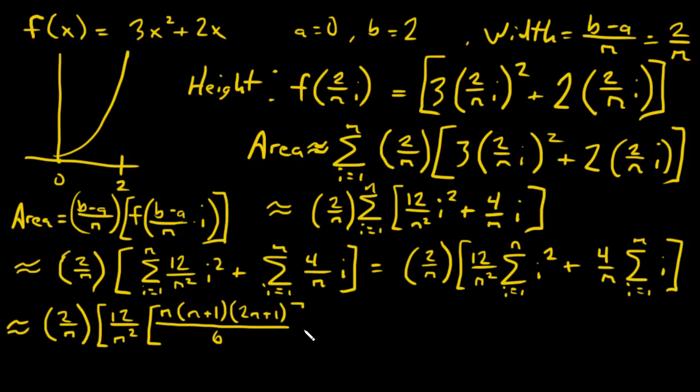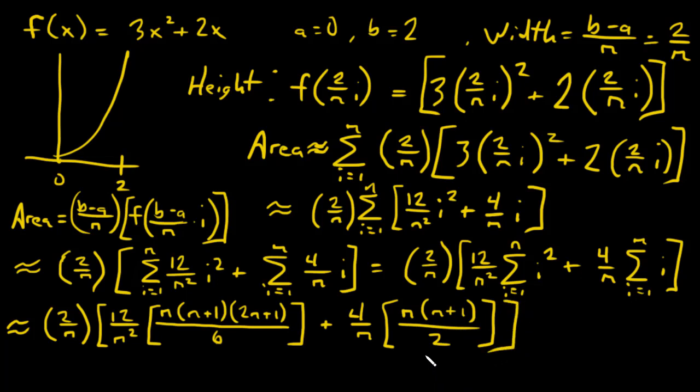Okay? So that takes care of that summation. And then I go to the next one, plus 4 over n times, what's the summation for i? Well, the summation for i is just n times (n plus 1) over 2. Okay, and that's it. Bracket.